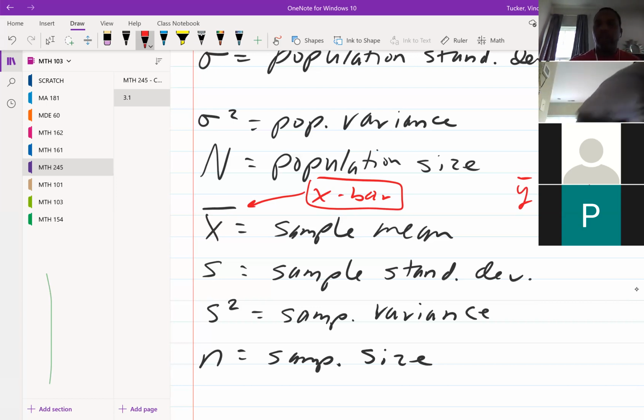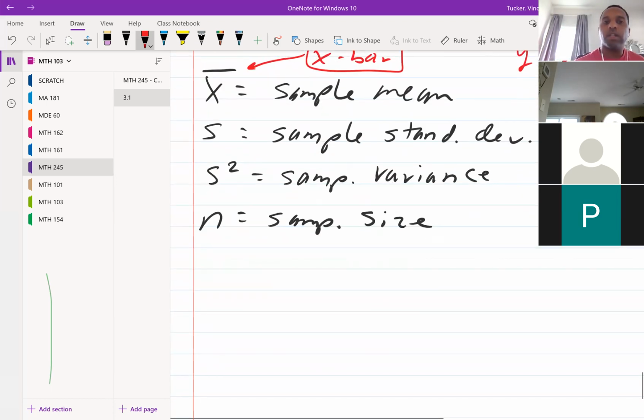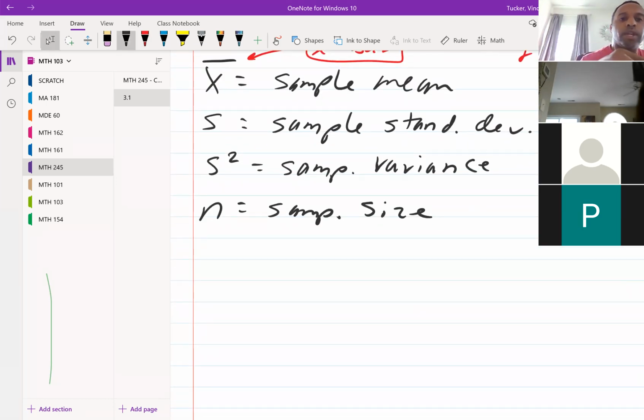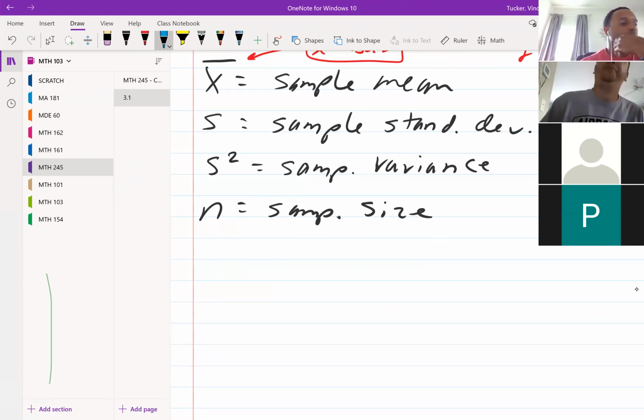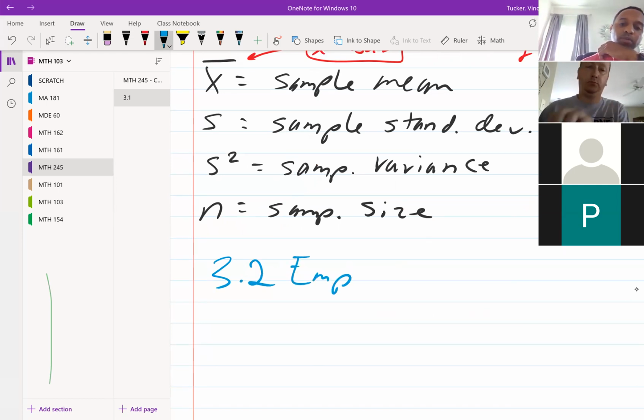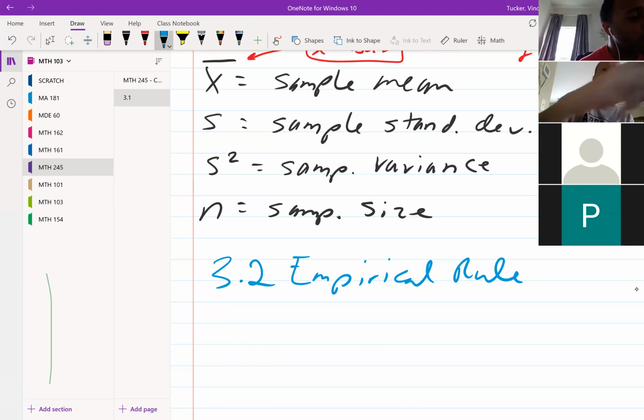So this, I believe, is a good place to stop without giving you too much in one day. Just to give you a heads up as to where we will be going moving forward, we have to finish out 3.2 and talk about the empirical rule. We don't do 3.3 in this class. Nope.